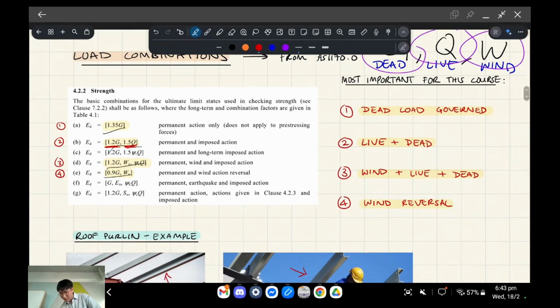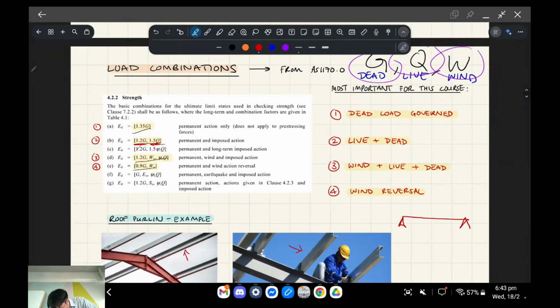Basically that's when your wind is causing, say, the roof of your building to be pushed down in the same direction as gravity. That's when they're all acting in combination, and that's what this load combination is describing. So it's basically 1.2 G plus the wind plus this thing Q, which is called a load combination factor, which I'll show you below.